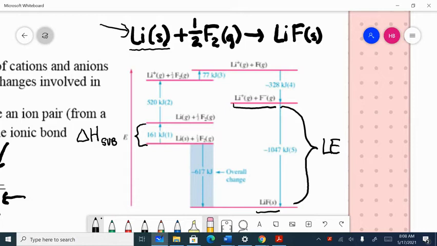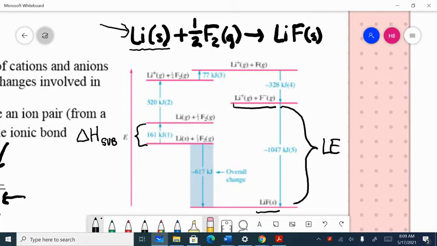Now I need for lithium to lose its one valence electron. To lose its one valence electron is the amount of energy to pull that electron off. That's called ionization energy.